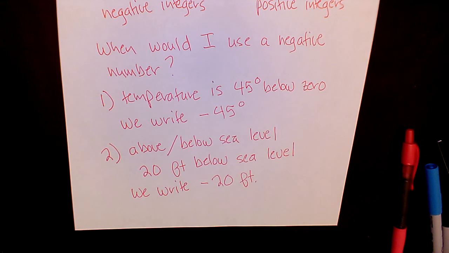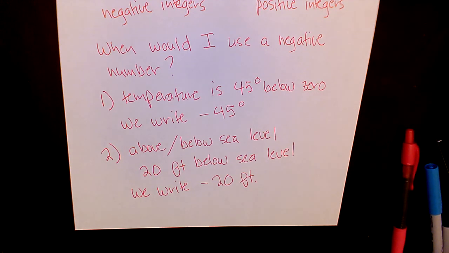And when we're talking about above sea level and below sea level, negative 20 is below sea level. Sea level is like our 0, right? At sea level is at 0, and anything below sea level would be negative. Anything above sea level would be positive. So there's two things. We could also talk about money.